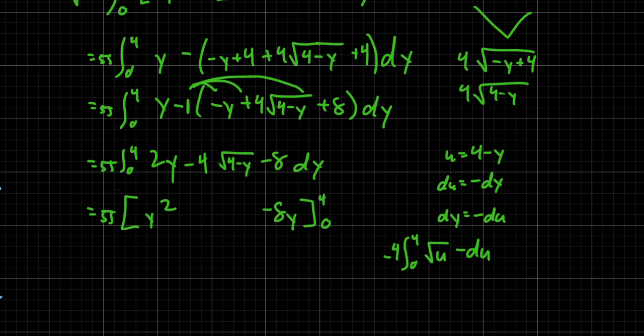I wouldn't change it. This is the one situation, only depending on how you're writing it. If we already have one set of 0, 4, I would just do the integral and it's negative 2/3 u to the 3/2. So 2/3 4 minus y to the 3/2 is what I would write down. And then I would just keep 0, 4. That's cool.